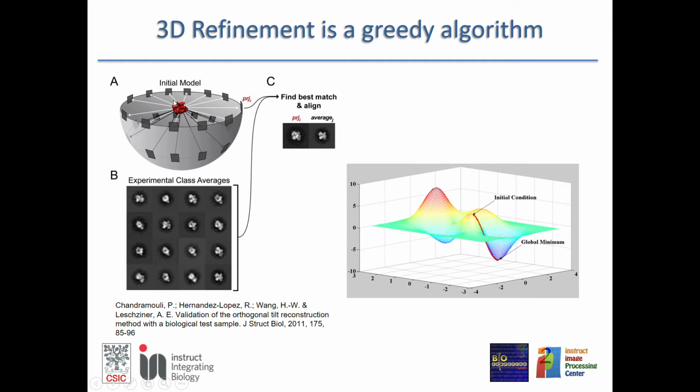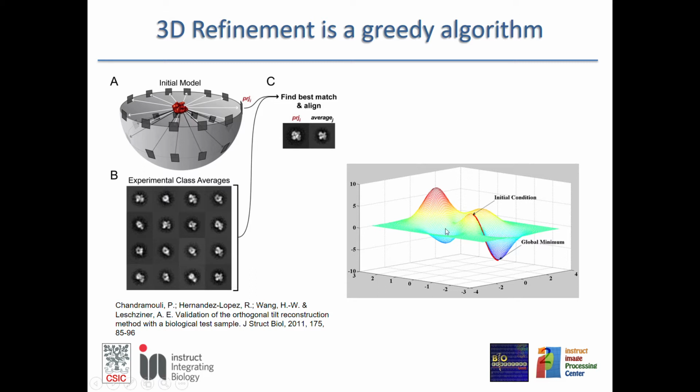So now you generate new projections, then you assign the angles, you reconstruct, generate new projections, assign the angles, reconstruct. But if you think of that process, that is a greedy algorithm. Given the current solution, what we look for is the best solution in the vicinity of this model.